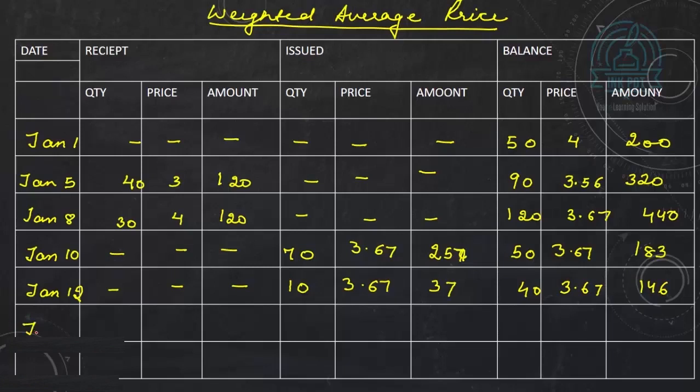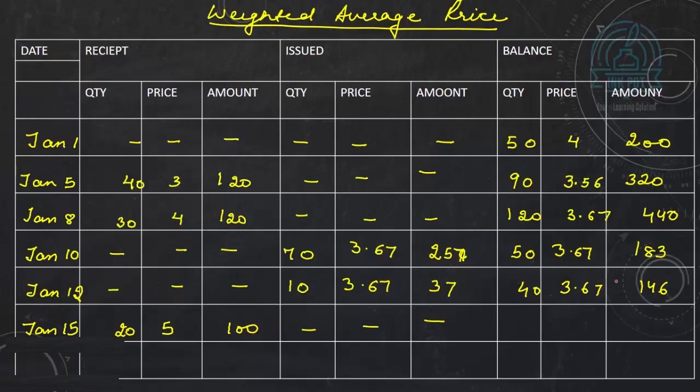Now, as on Jan 15, we have purchased 20 units at the rate of 5. 20 units at the rate of 5, which is 100. Now, we cannot take two prices here. We'll have to take the average again. So, average is total amount now, which is 146 plus 100, 246, divided by total number of units, that is 60.